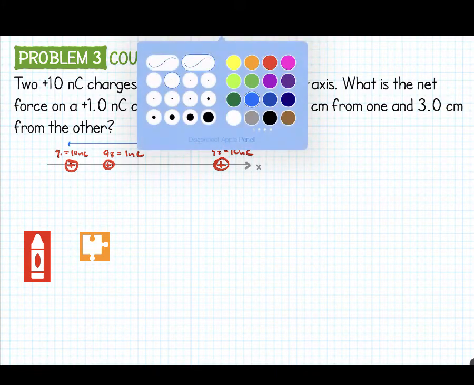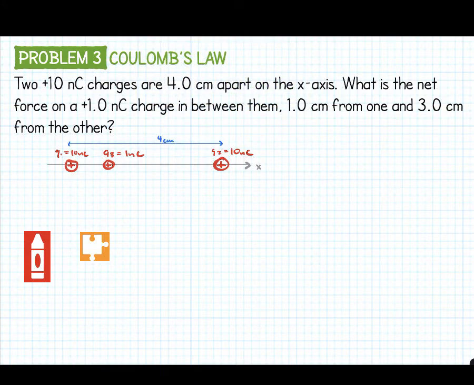So when we draw our distances, this one is now 1 centimeter, and this one is now 3 centimeters, okay? So once again, we're going to figure out the force on our guy in the middle. This is the one we care about.